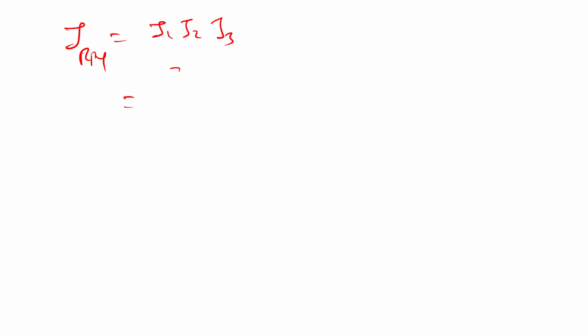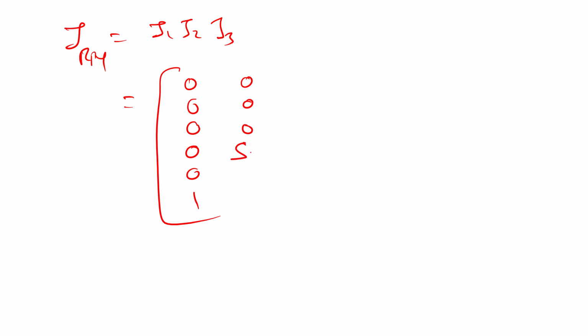Let's combine everything. The first one is 0, 0, 0, 0, 0, 1. The second one is 0, 0, 0, S1 minus C1, 0.